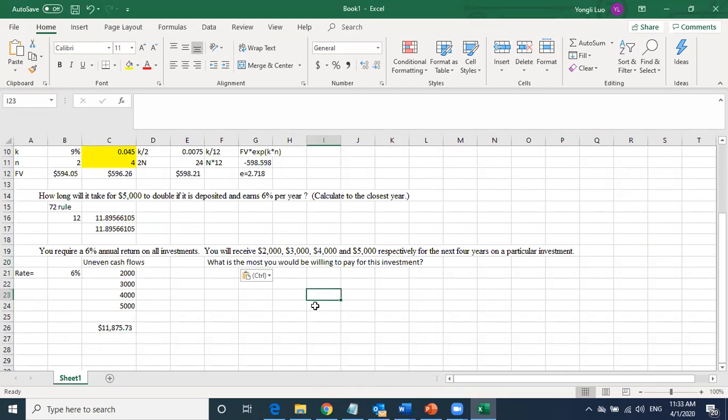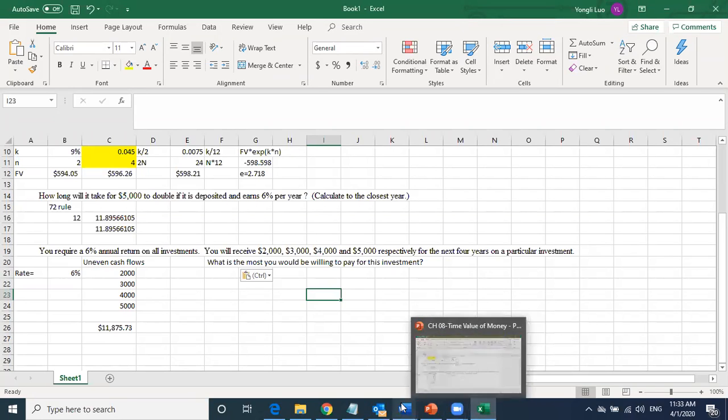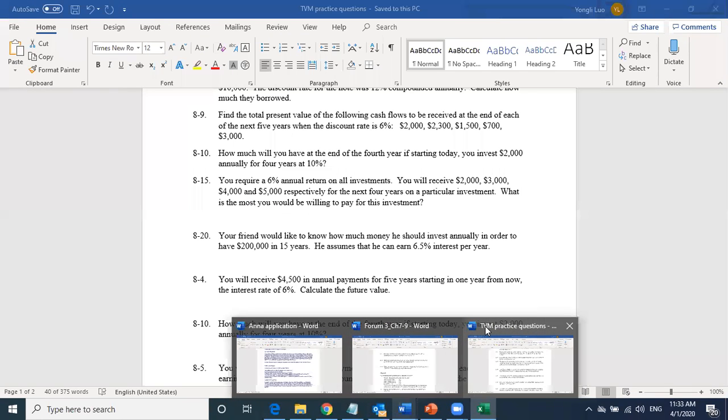What's the most that you would be willing to pay for this investment? So this question is asking you how much money you are willing to pay today, at this moment. And let's see, I think there might be one more question about the payment.